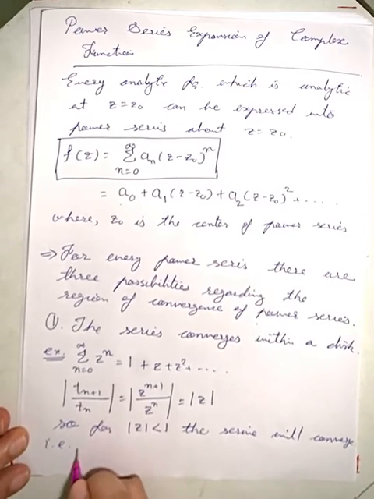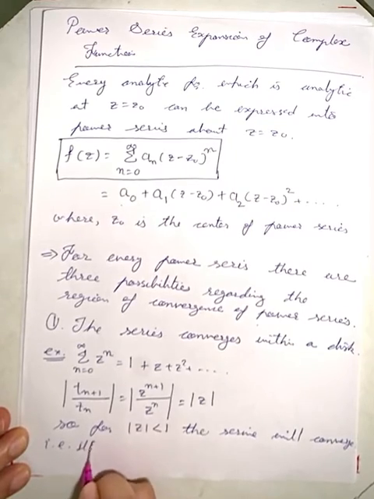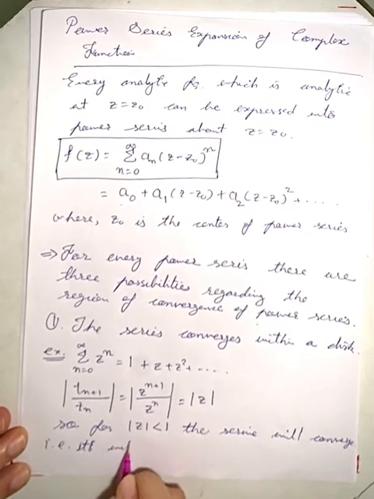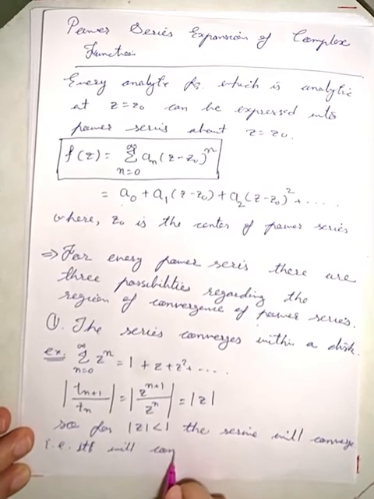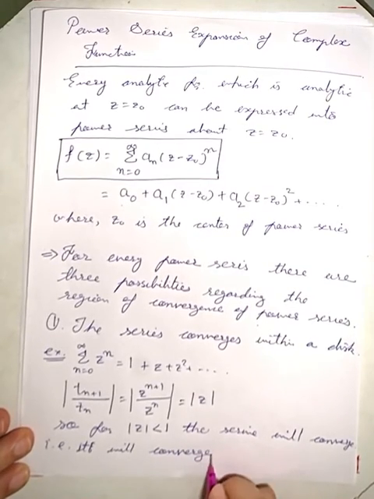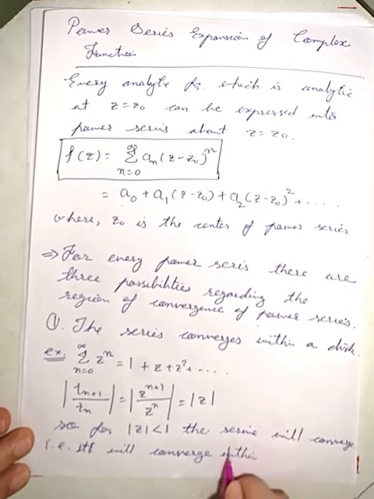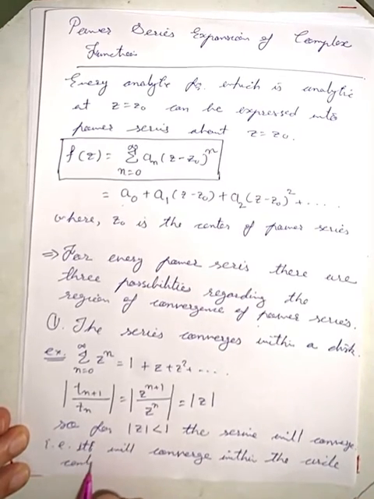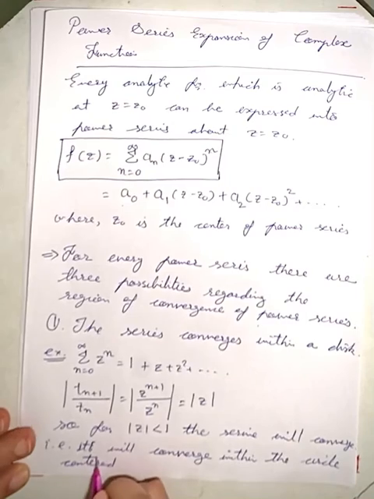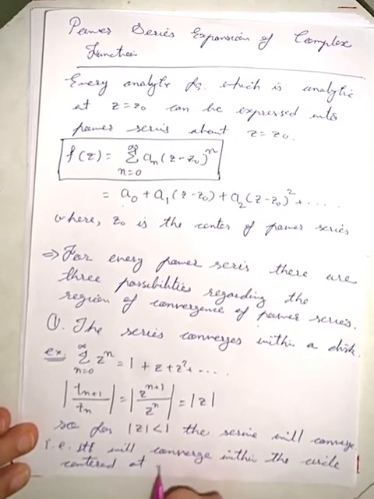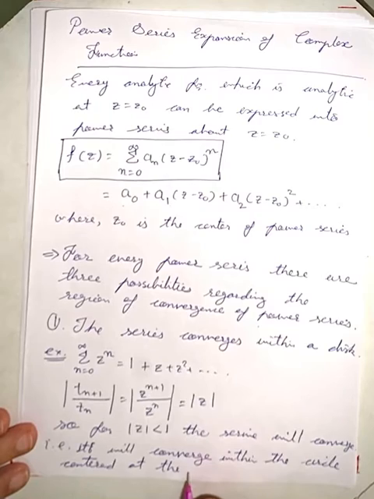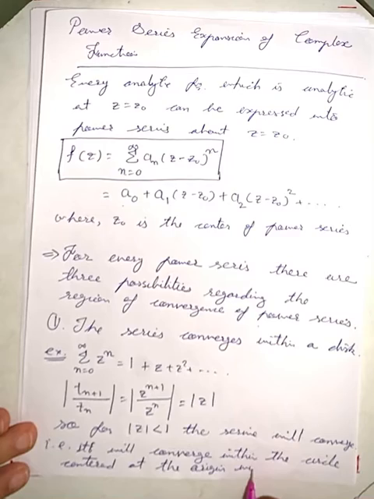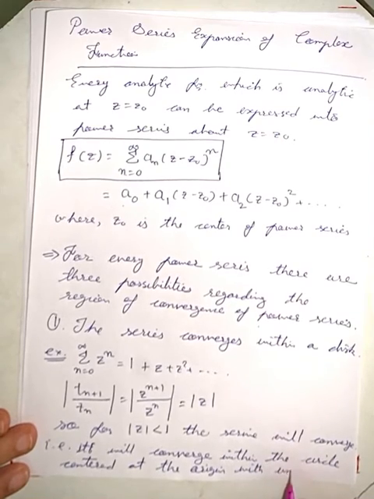The series will converge, that means it will converge within the circle centered at the origin with unit radius.